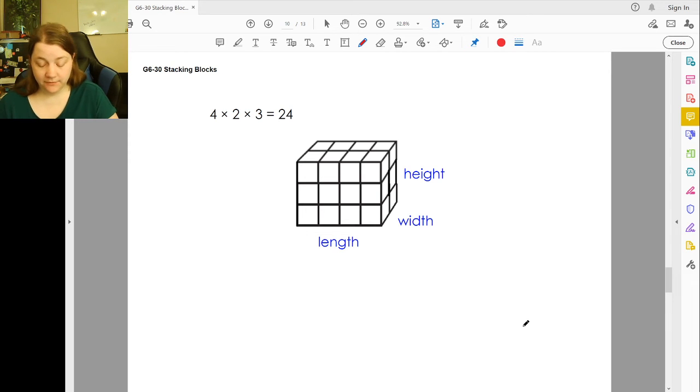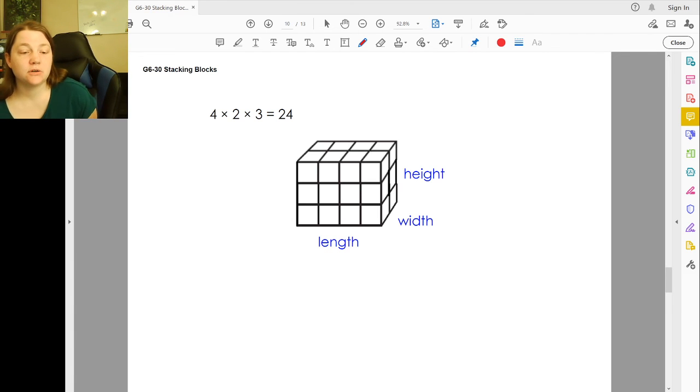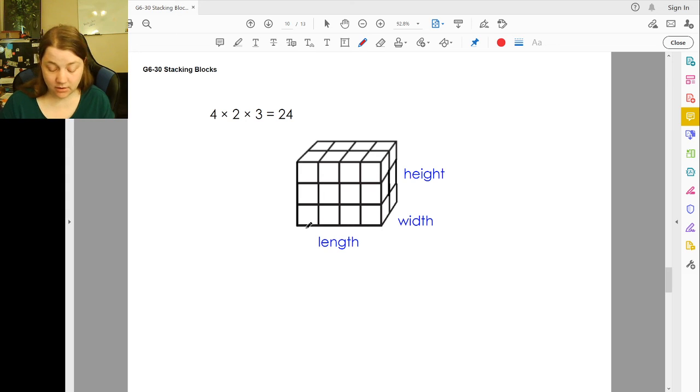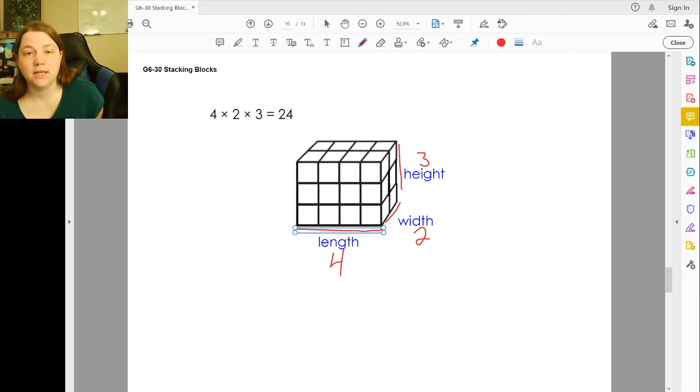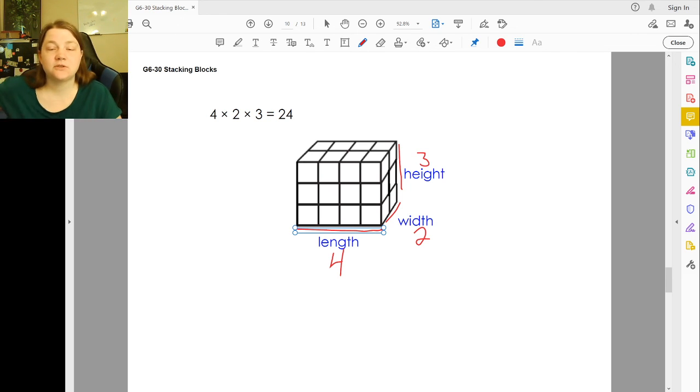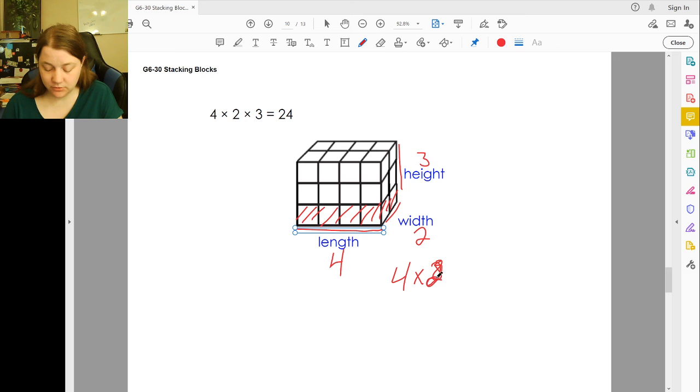So here, to find how many cubes are in here total, we would see that there are 4 in the length, 2 in the width, and 3 in the height. Because there's 4 in the length and 2 in the width, that means that the bottom layer, 4 times 2, is 8.